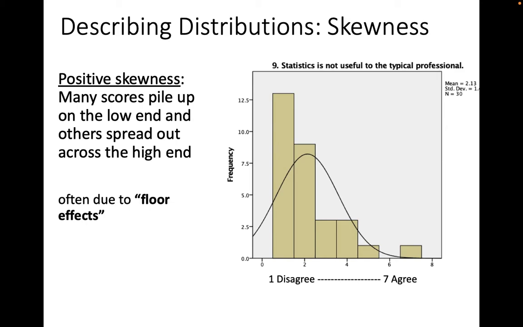There can be other examples of how to get a positively skewed distribution. For example, the number of children in a family could produce a positive skew. It's impossible to have a number that is less than 0. So you could have 2 parents that have 0 children, in which case there's a floor to that scale and it's impossible to go below.